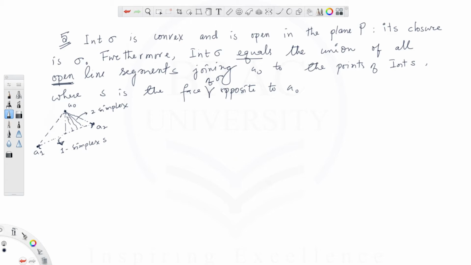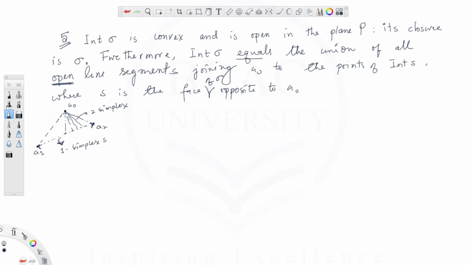You take the union of all these open line segments, and that is precisely the interior of the two simplex sigma. So this is how we see the fifth property in the context of the two simplex, the triangular region spanned by these 3 geometrically independent points A0, A1, and A2.